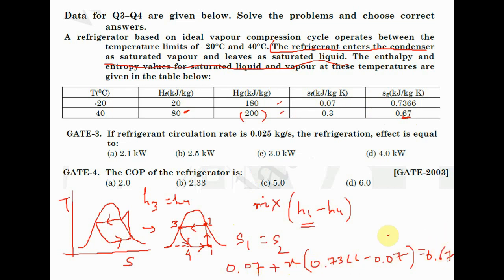So if you take this value to this side, X will be equal to 0.6 divided by 0.7366 minus 0.07, that is 0.666. If you solve, this value will be equal to 0.90. So the X value is 0.90, or the dryness fraction at point 1 is 0.90.